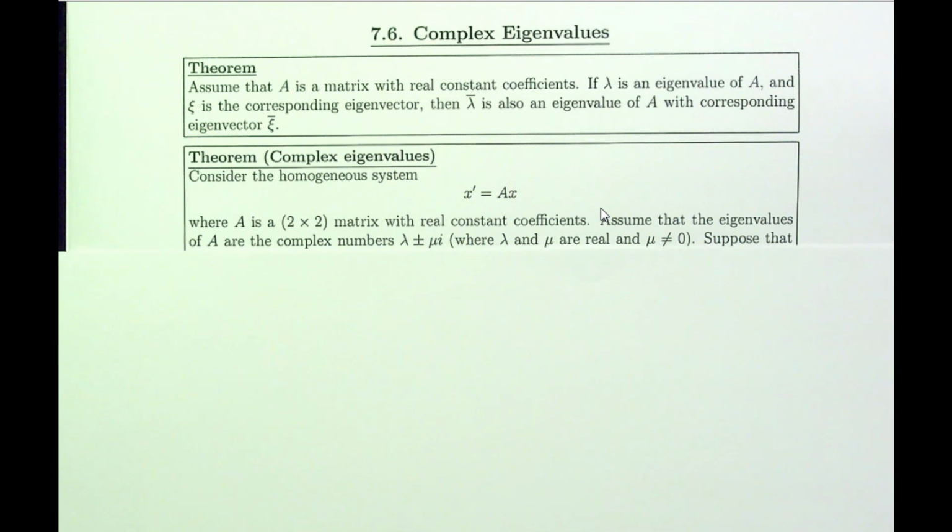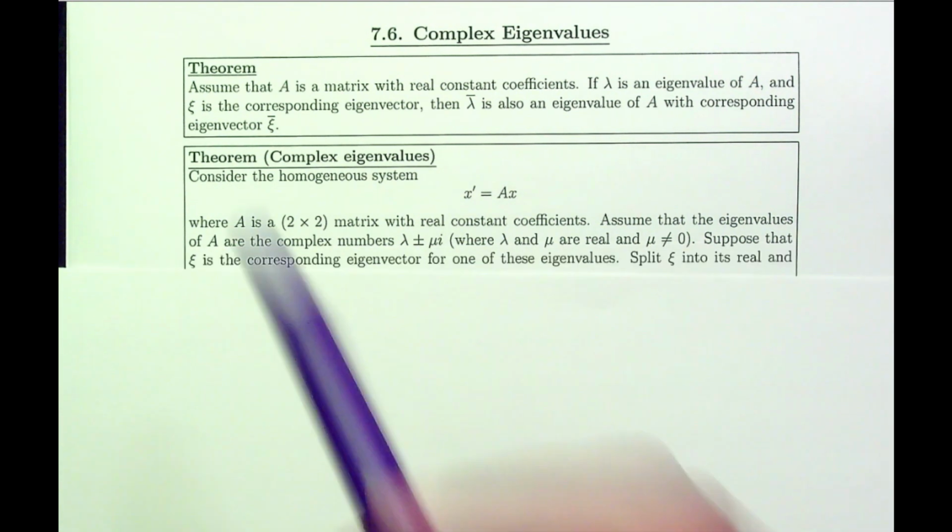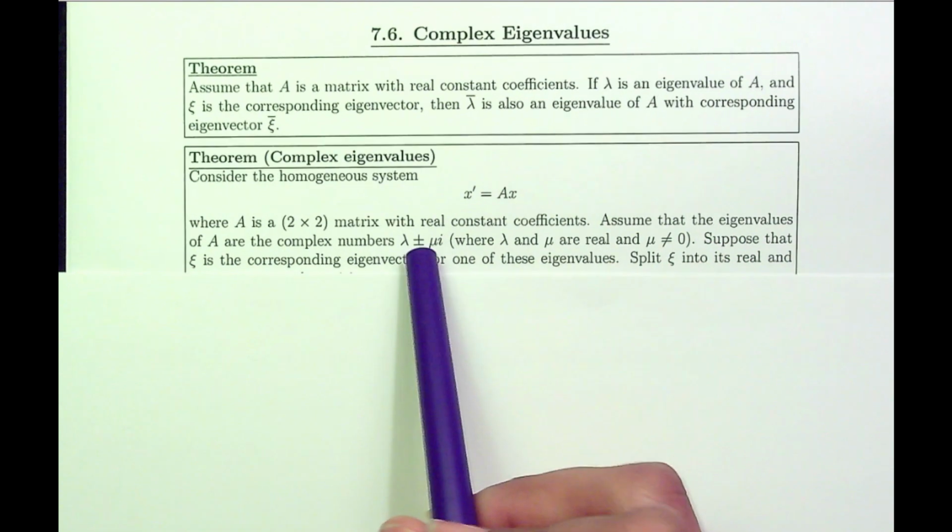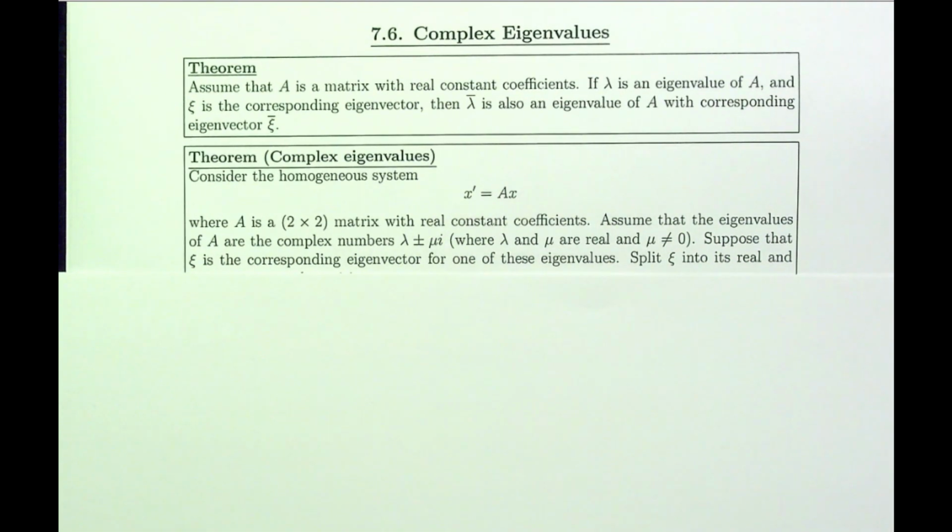Assume that the eigenvalues of A are complex, and they're going to be complex conjugates of each other, because the eigenvalues are just roots of a quadratic polynomial in this case, and when you have complex roots, they come in pairs. Once you have one, the other one has to be the complex conjugate.